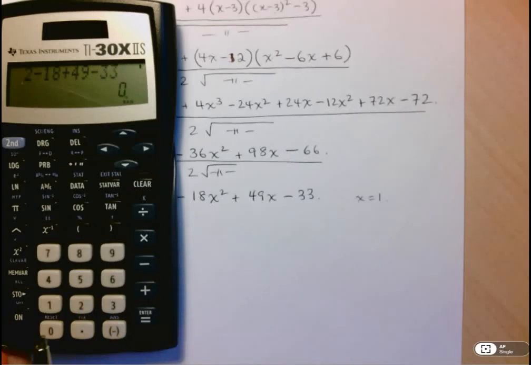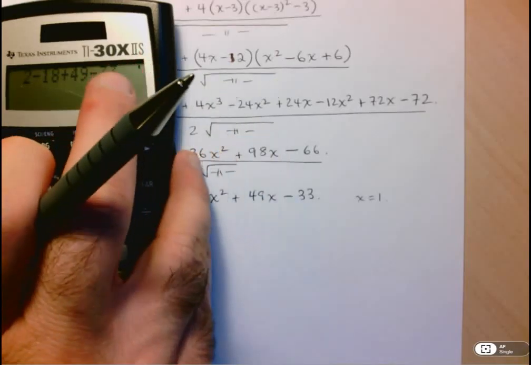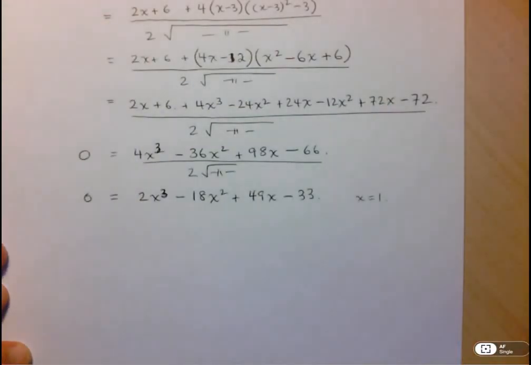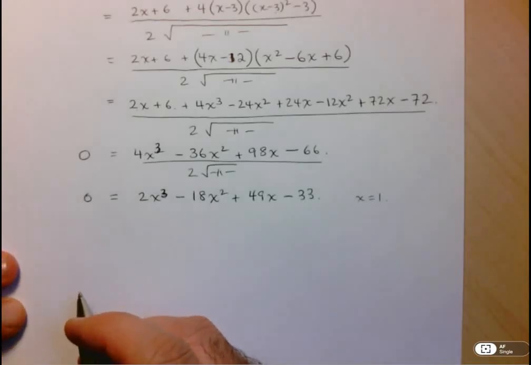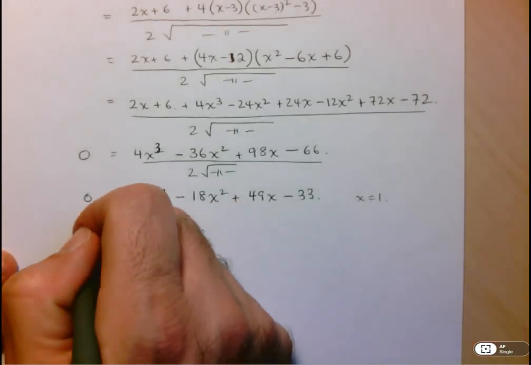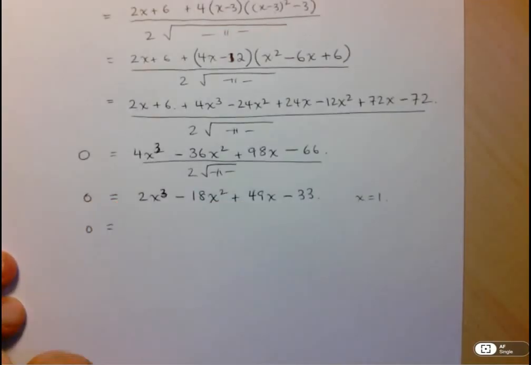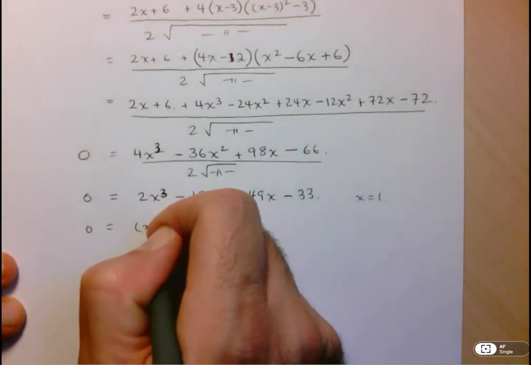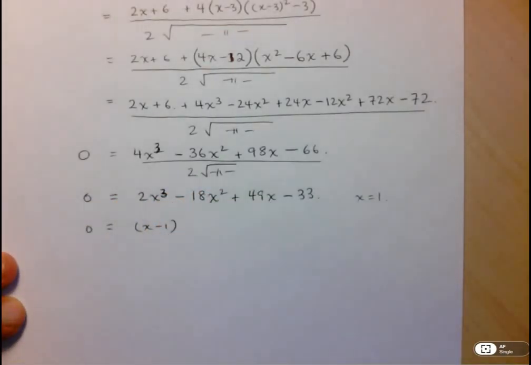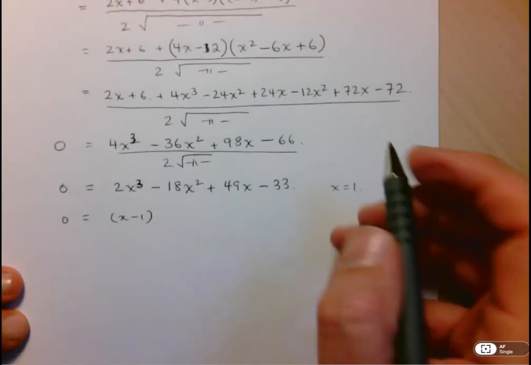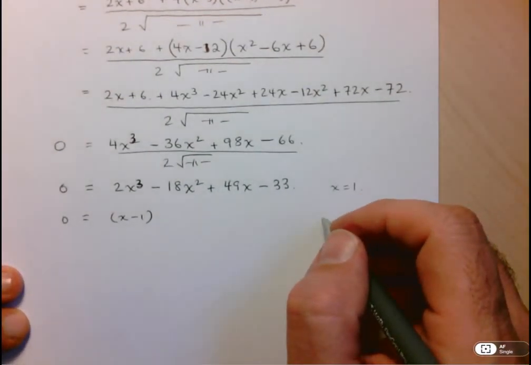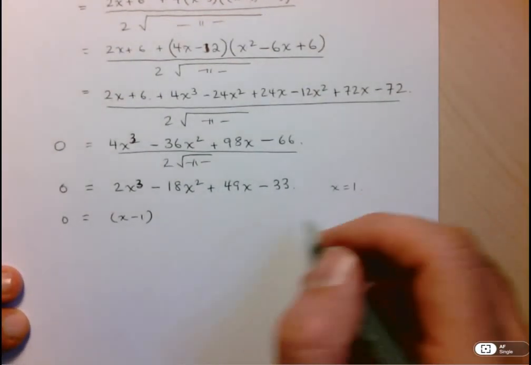And lo and behold, I guess somebody thought ahead to make this a fairly easy problem, given that we had to use the factor theorem. So we know that x minus 1 will be a factor of this polynomial. So since it's linear, let me use, what's that called?